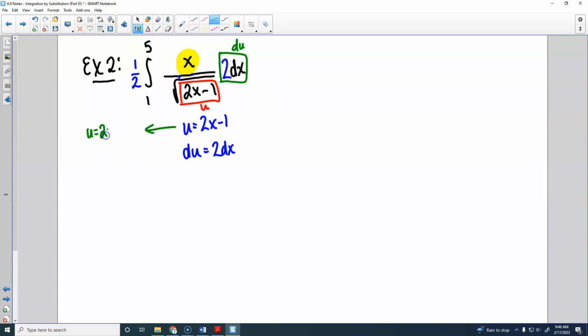U equals 2x minus 1. We are going to add the 1. U plus 1 is 2x. We're going to divide by 2. So I'm going to write it this way, 1/2 u plus 1/2 is our x. And so we're going to have to replace that x with this here.